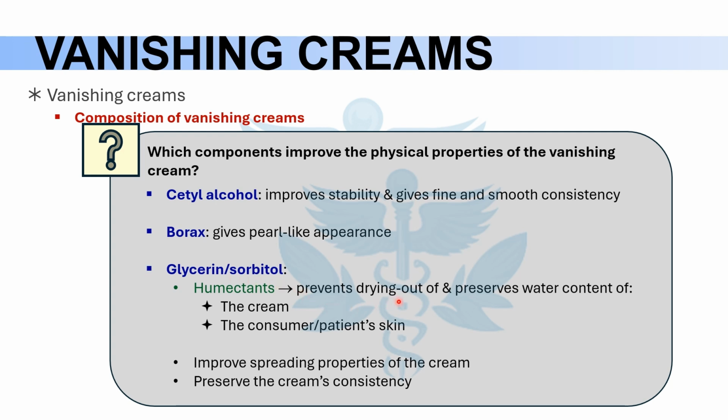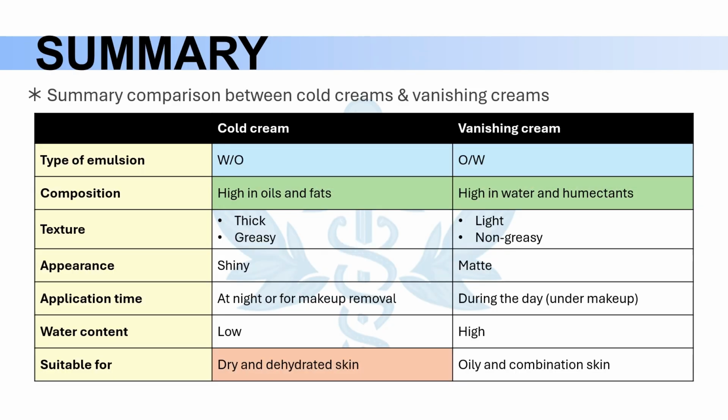They prevent the drying out of both the cream and of the consumer or patient's skin by preserving the water content of the stratum corneum and by preserving the water content of the cream. Glycerin and sorbitol also improve spreading properties of the cream and preserve the cream's consistency.